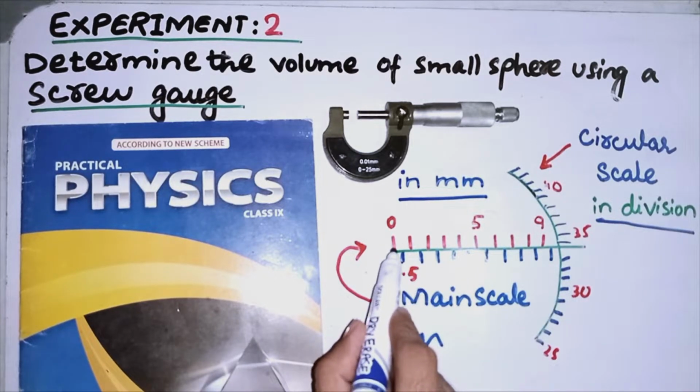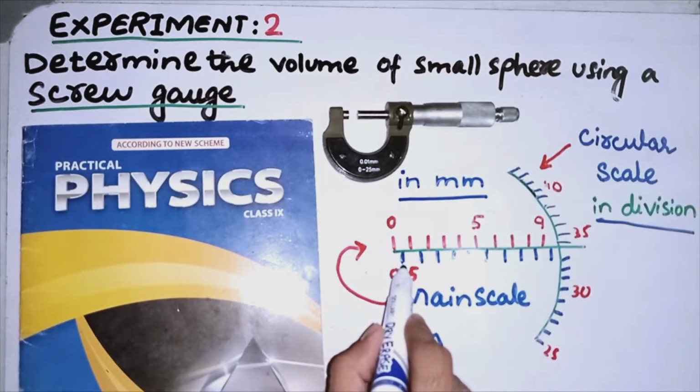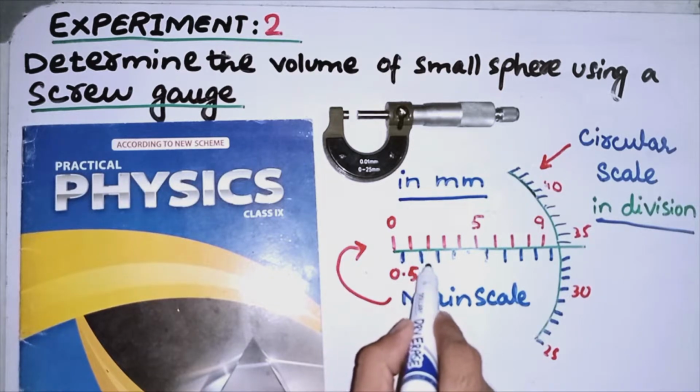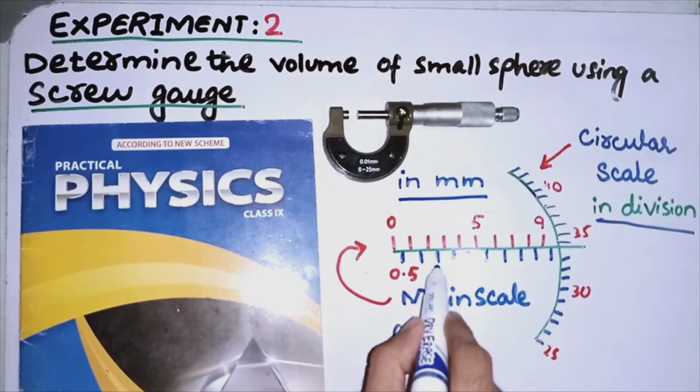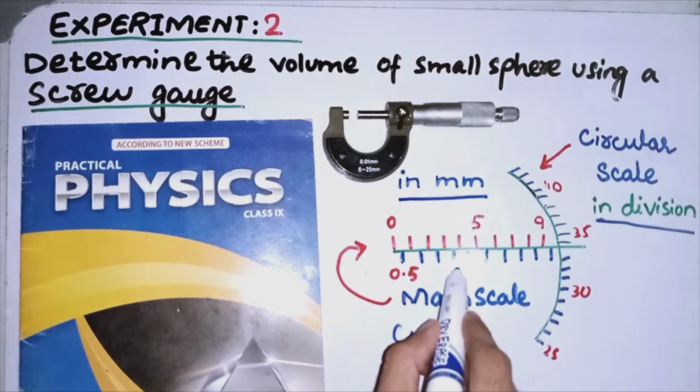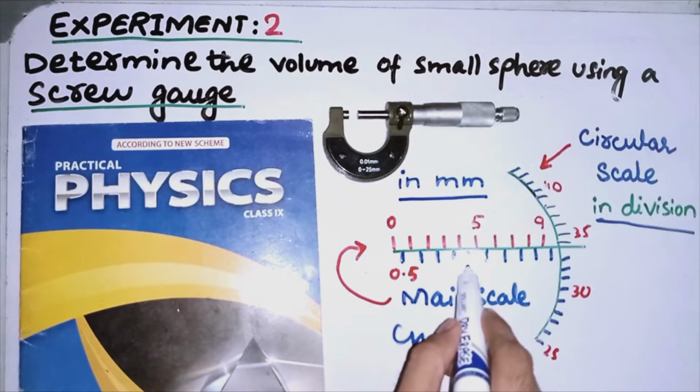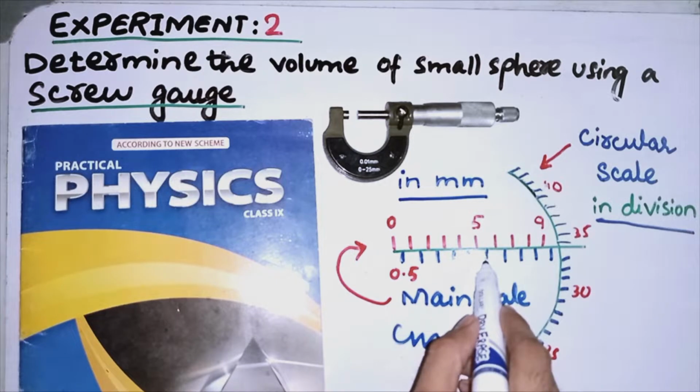So how will you read this scale? 0, 0.5, 1, 1.5, 2, 2.5, 3, 3.5, 4, 4.5, 5, 5.5.